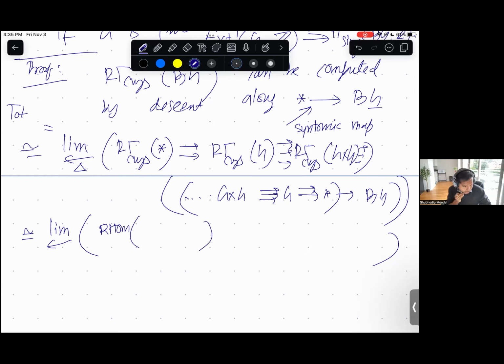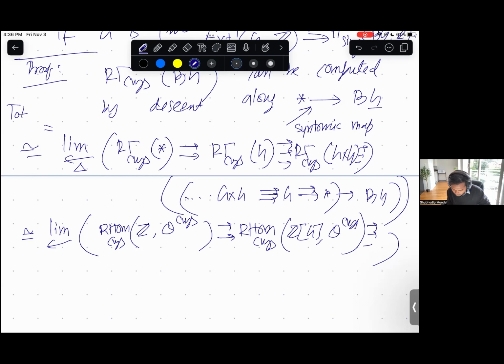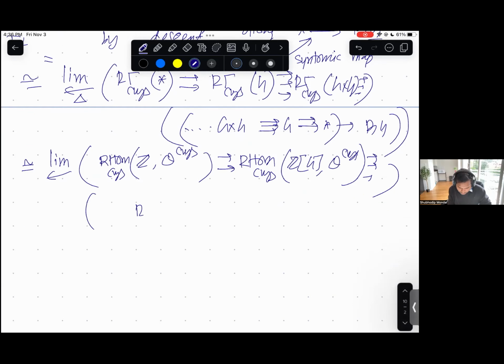The limit description is somewhat helpful for us, as we'll see now. So the terms above can be rewritten as follows. Here I'm just using what we gave as a definition.